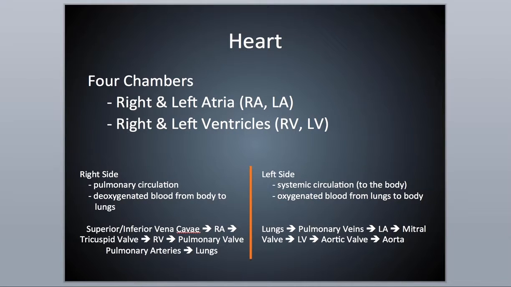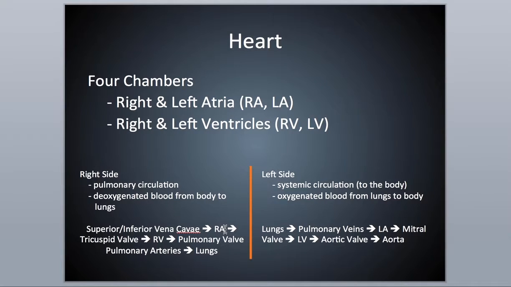All right, so the right side of the heart has pulmonary circulation, basically. So it's going to be bringing in blood from the vena cava, either superior or inferior vena cava. All right, and it's going to go into the right atria, go through a valve known as the tricuspid valve, and then into the right ventricle. And from here, it's going to pump the blood to the lungs.